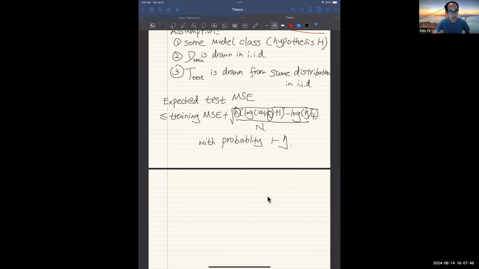For example, if your hypothesis space is very big relative to the size of the training data n, for example very high degree polynomials or a neural network with very high degrees of freedom, that means it's very likely to overfit.